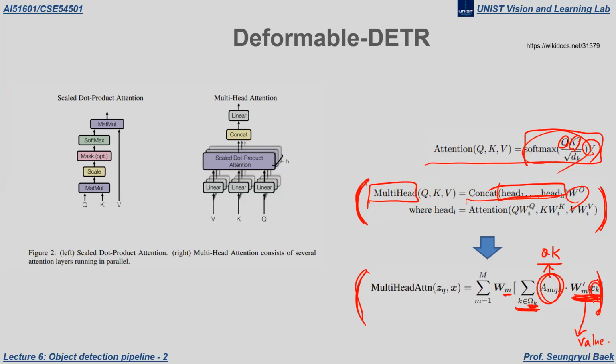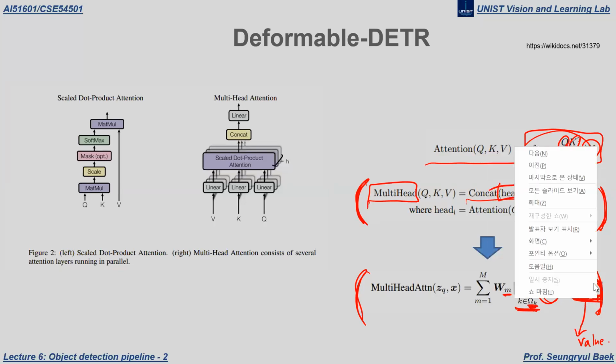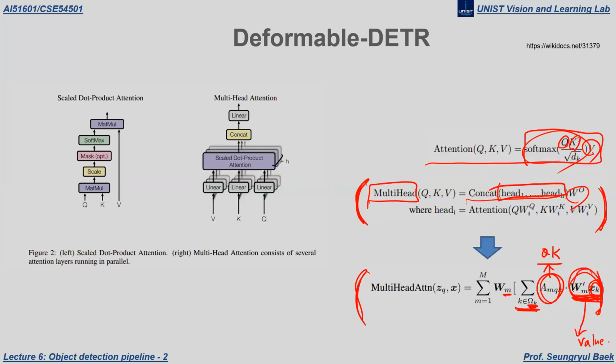So this is the query. And they are multiplied with the weight. And actually, this is meaning some value, I think. And if it is multiplied with the attention, and if we add it for multiple heads and apply some linear weight, then it's the multi-head attention.